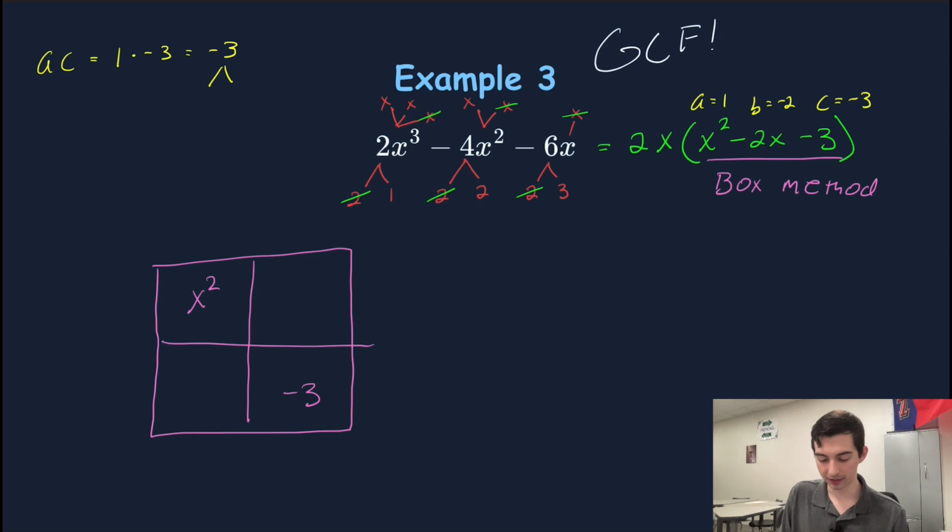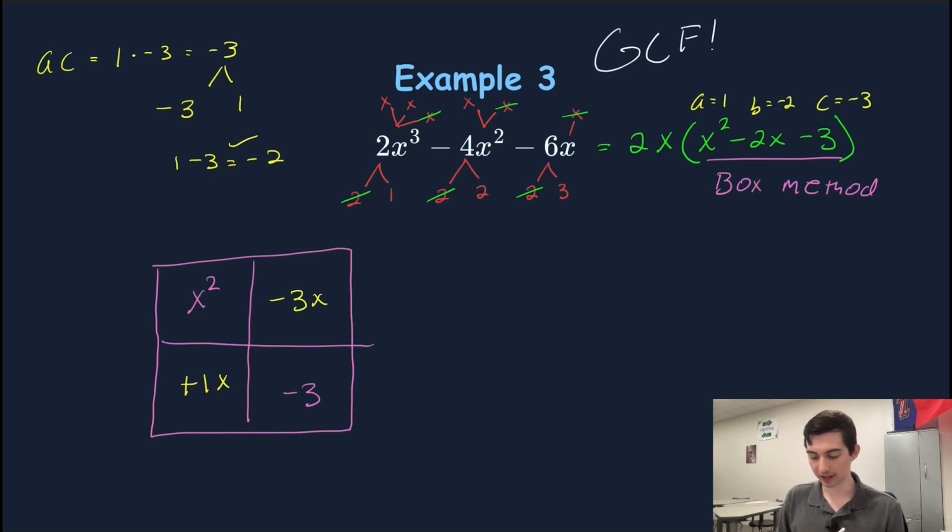And the only things that will multiply to 3 are 3 and 1. But I want these to add or subtract to a negative 2. So I'm going to make this 3 negative, because 1 minus 3 gets us negative 2, which is what we're looking for. So my two key numbers are negative 3x plus 1x.